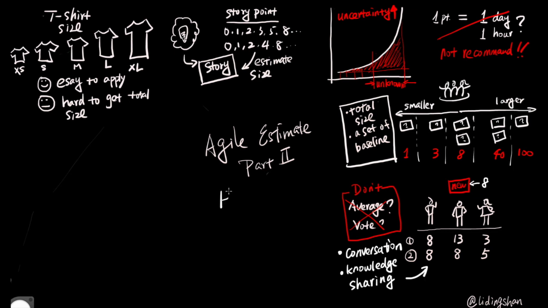You may still want to know how long it might take. To answer this question, let's first learn another concept, velocity. Velocity is the total completed points in one sprint. Please notice that it will only count completed points at the end of one sprint.